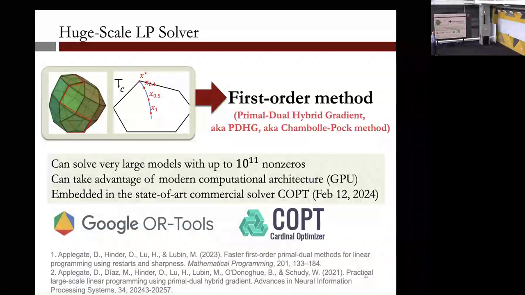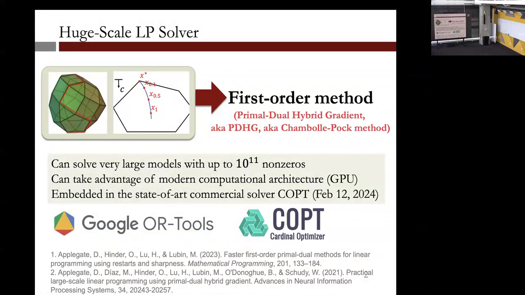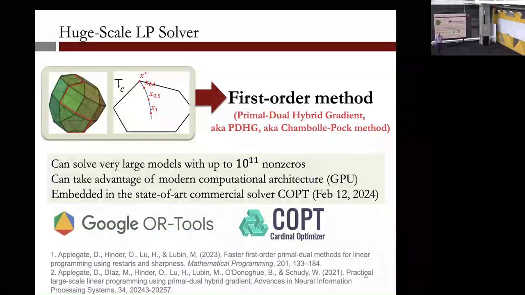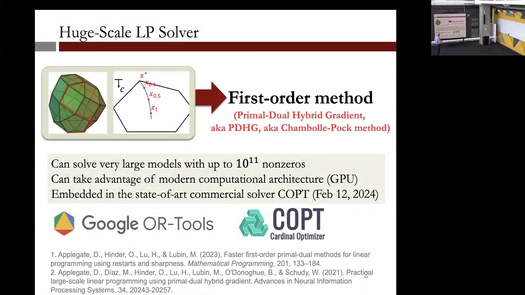And so the method that has been really emerging is primal-dual hybrid gradient. I'll just refer to it from now on as PDHG. Sometimes it's also called the Chambolle-Pock method. It was really first both introduced and then beautifully studied in a paper by Chambolle and Pock. I mean, just beautiful.